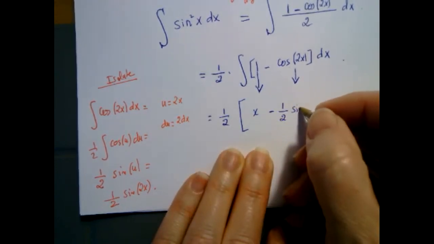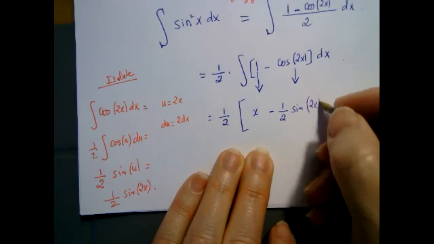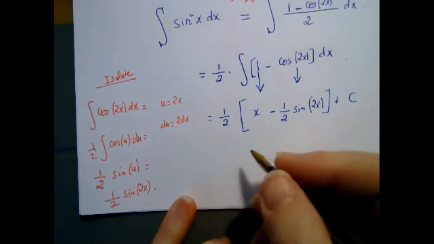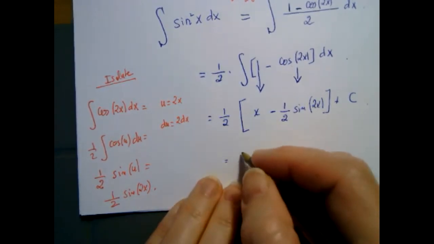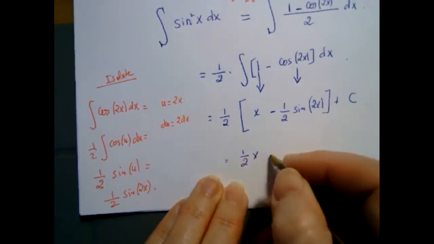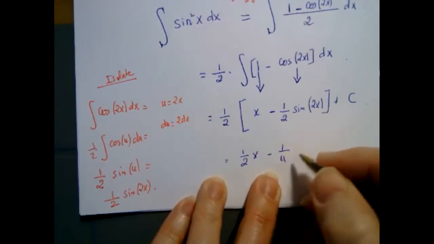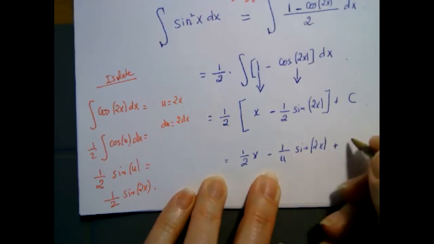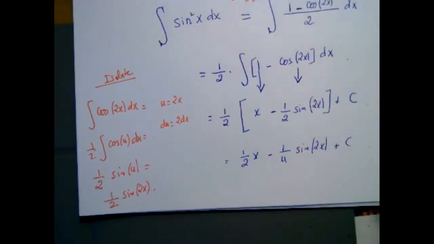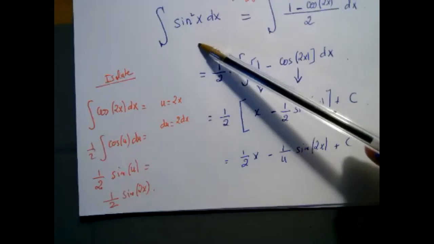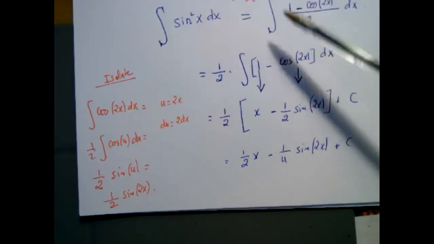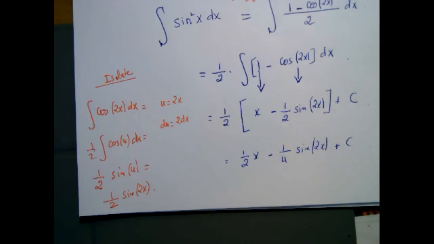It's a half the sine of 2x plus my constant. And now that's the end of the problem. So we can distribute the half if you want. Doesn't really matter. You don't have to at all. Plus C. Okay, so whenever I have even power, only even, there is no odd in the picture, then we have to use the half angle formula.